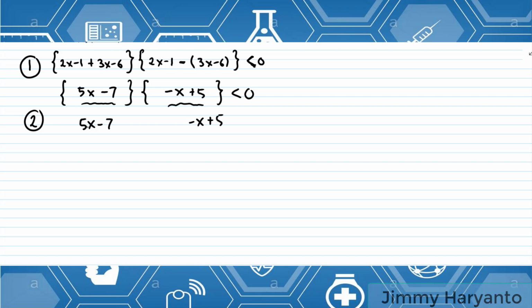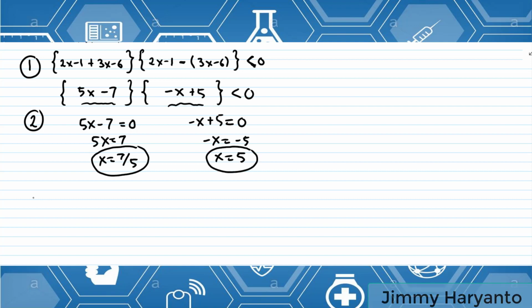To find the value of x, we have to make it equal to 0. So 5x equals 7 and then x equals 7 over 5. For this one, negative x equals negative 5, so x will be 5. There you go. We have the values of x for each factor.